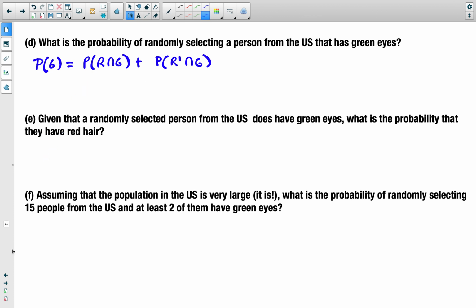And if I go to my tree diagram, I can pull both of those from the probabilities I calculated. It's 0.0042 plus 0.01958. All right, add those two together, and I get 0.02378.